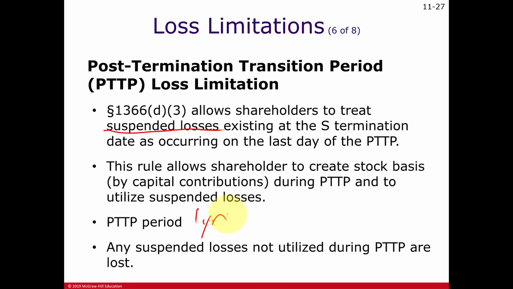And typically what we're looking at is contributions of money or property to the corporation. You cannot increase basis anymore by allocating income to a shareholder because you're not an S corporation anymore after the termination. And if you cannot use up all the loss after this 1 year post-termination period, then all those suspended losses get permanently lost. That's a waste, at least for tax purposes.